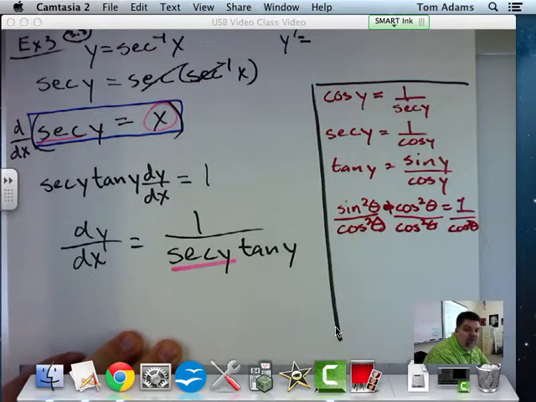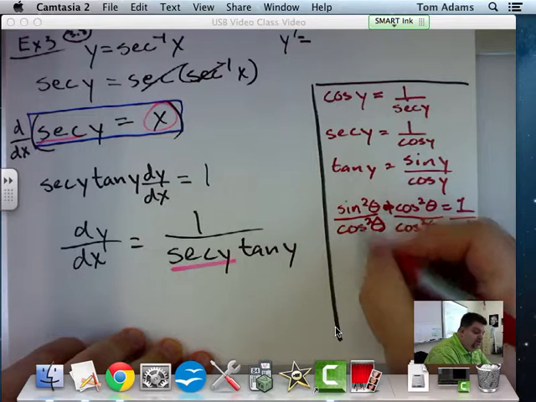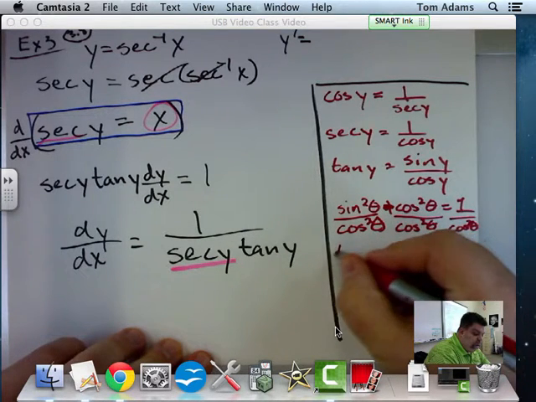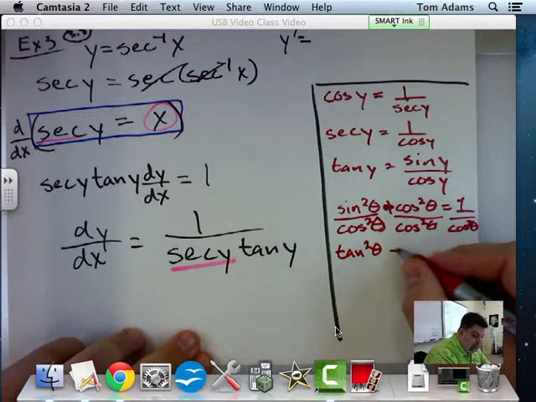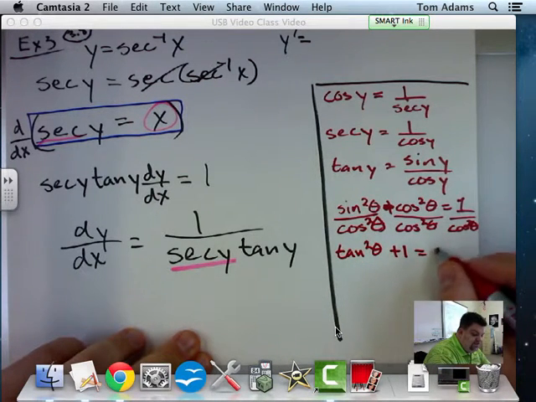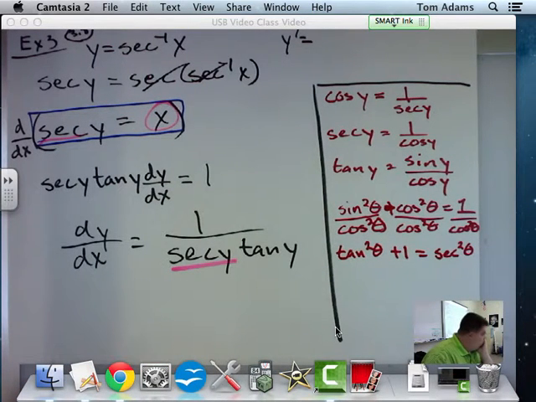So if I divide everything by cosine of theta squared, this becomes tangent squared plus 1 equals secant squared of theta, right? That's no accident. Technically the problem's rigged up.